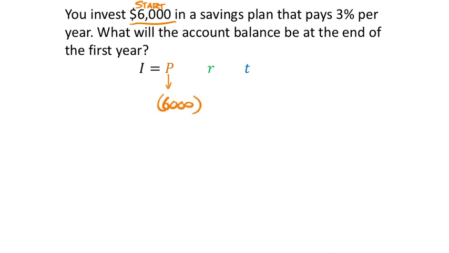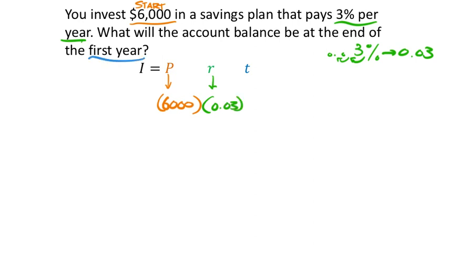Now I'm going to put this in parentheses just so that we know we're using multiplication here. The rate, it says that it's 3% per year. Now, 3%, what we need this to be is a decimal, so you'd move the decimal 2 times to the left, and you'd get 0.03 as a decimal, which we need. Okay, so that's going to be 0.03.